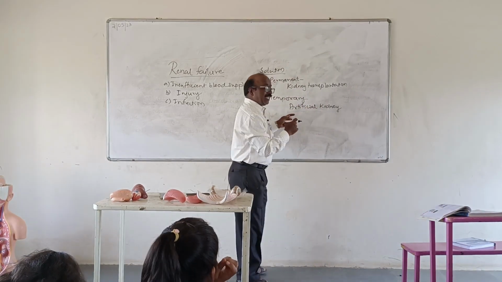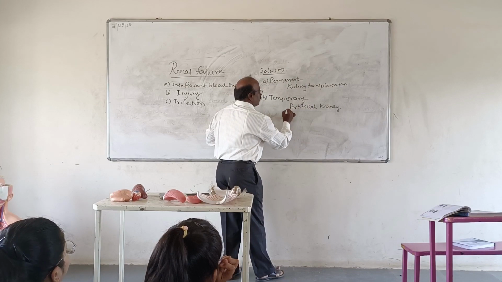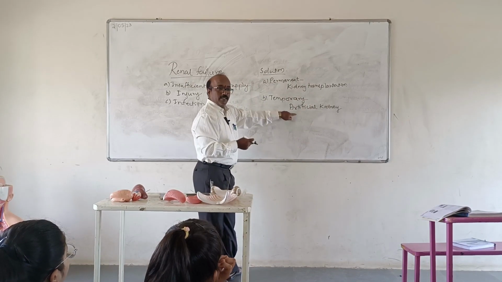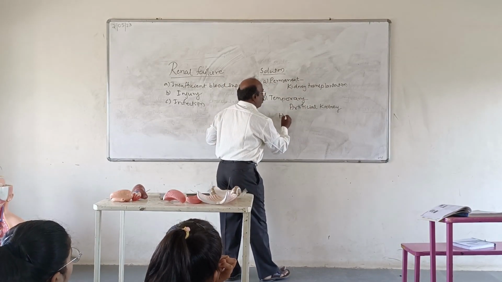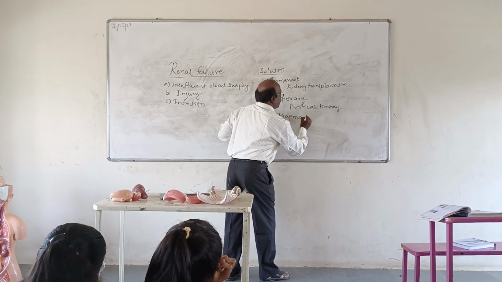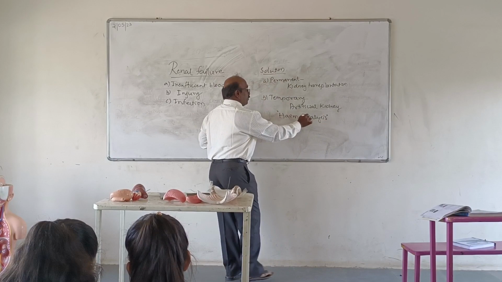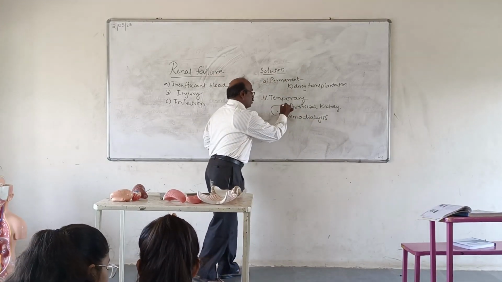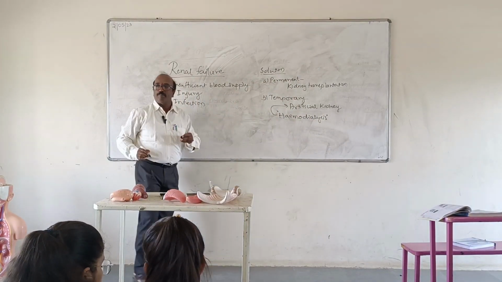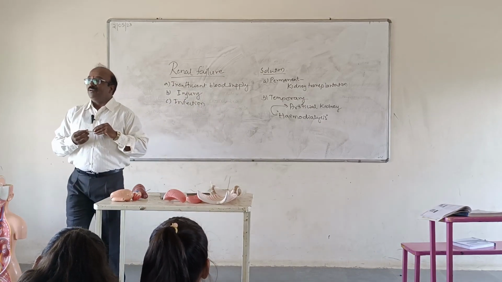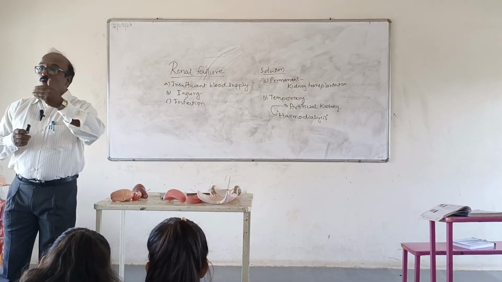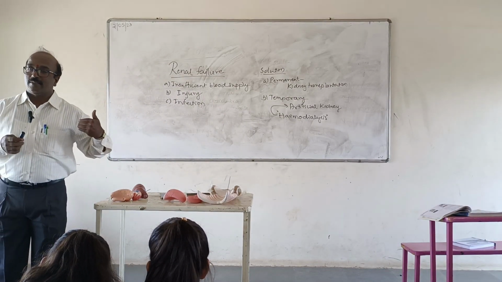Now, because blood is involved, this process is called hemodialysis. This process is used in the artificial kidney. Dialysis means filtration of smaller particles while holding back the larger particles.